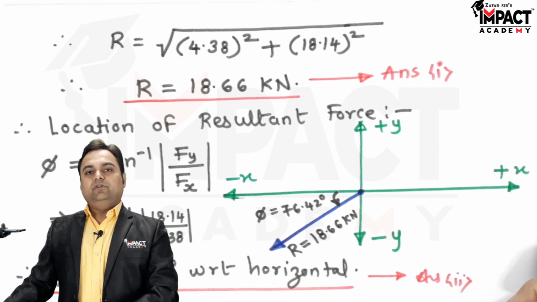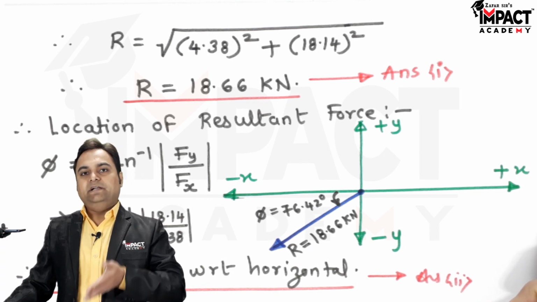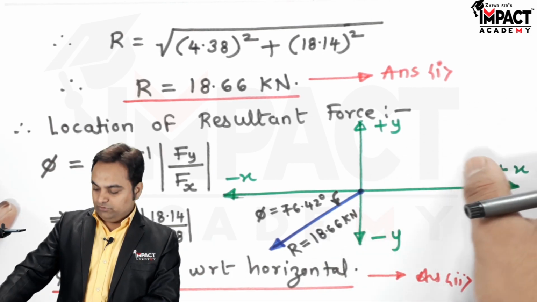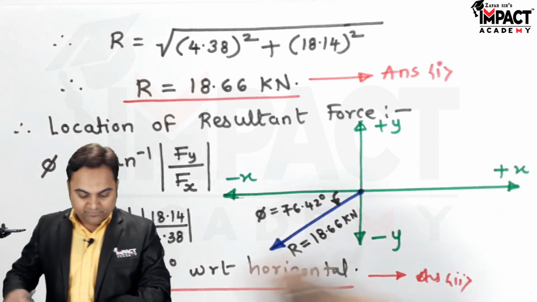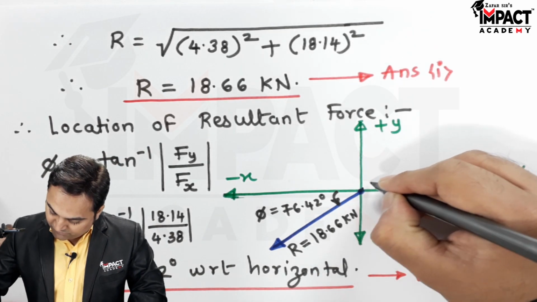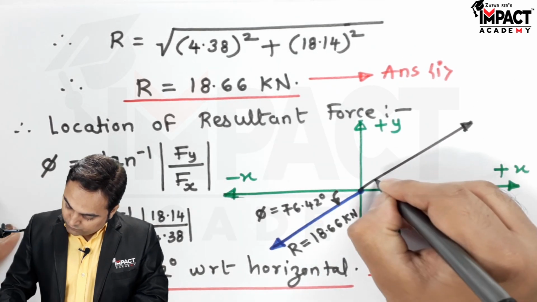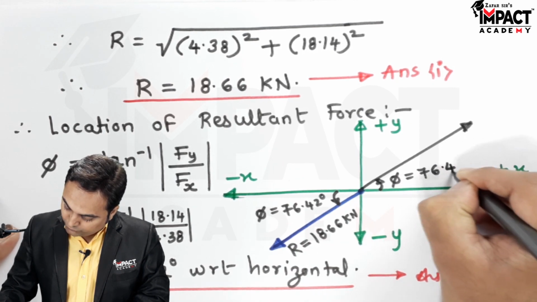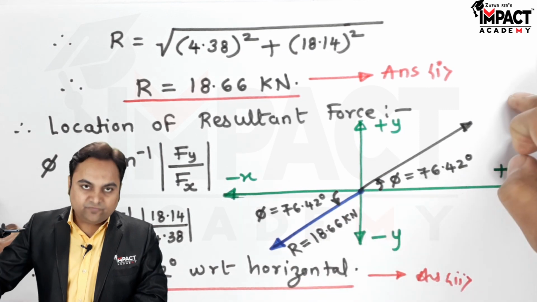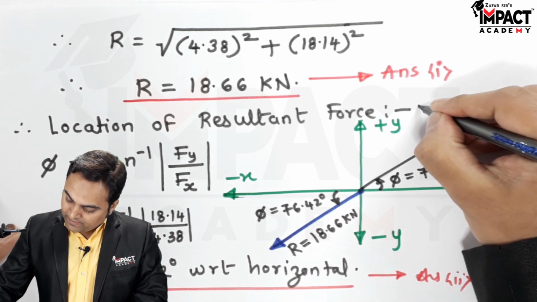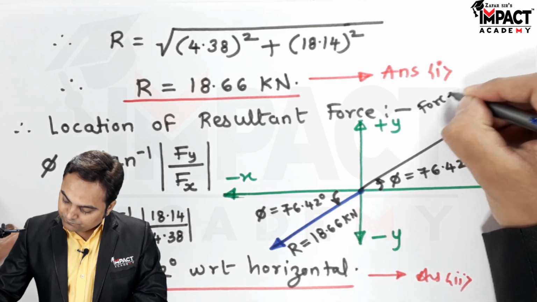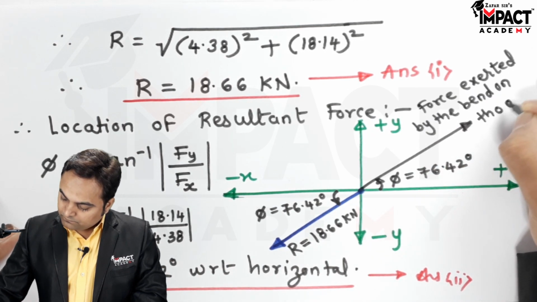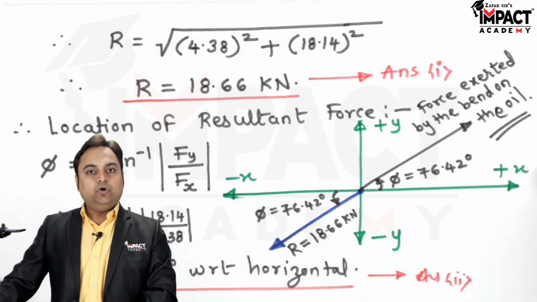If we want to calculate how much is the force exerted by the bend on the oil, for that we have to go exactly opposite, that is into the first quadrant, having the same inclination with respect to horizontal, which is phi equal to 76.42 degree, and here this force is indicating the force exerted by the bend on the oil.